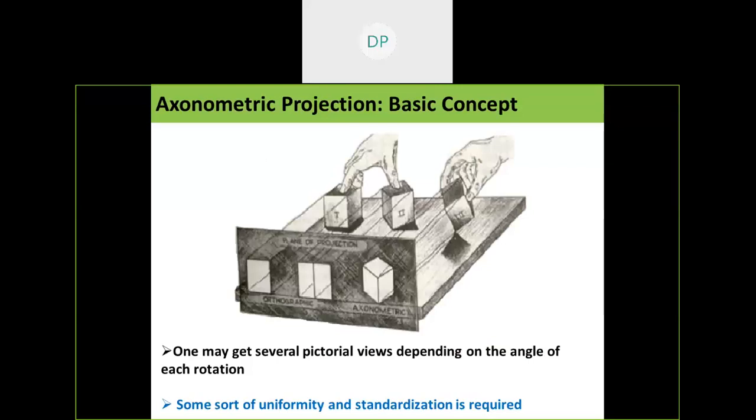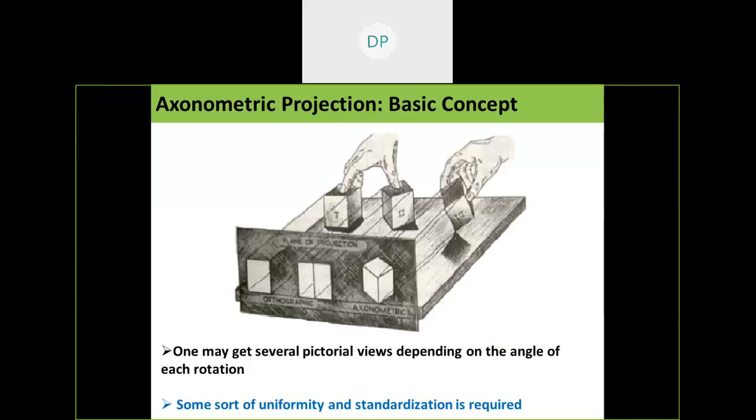So in this figure the object is rotated about the vertical and profile axes. Then the three sides of the object are foreshortened, and this length is shortened by 0.8 times than the original.